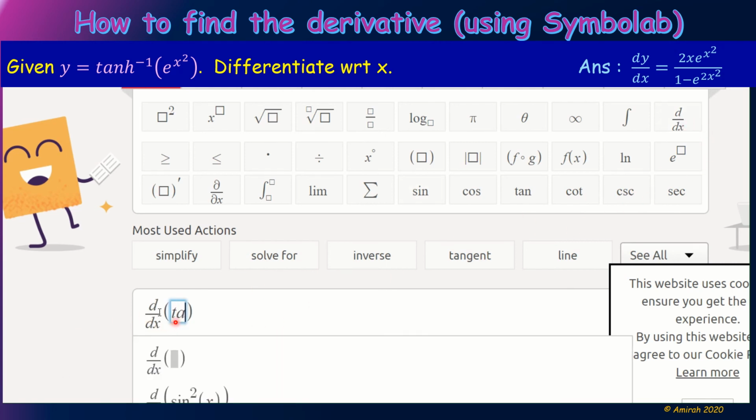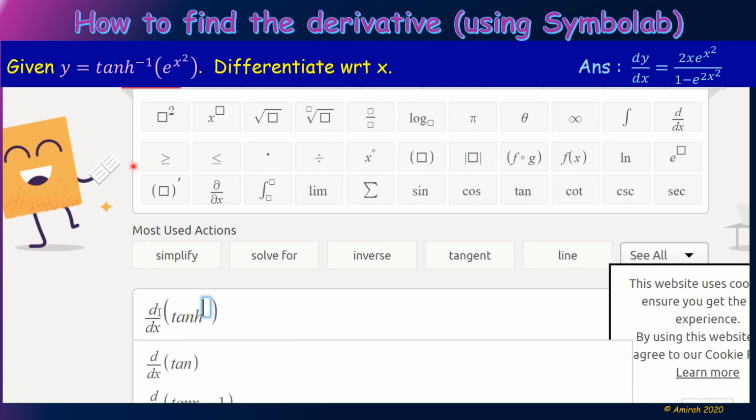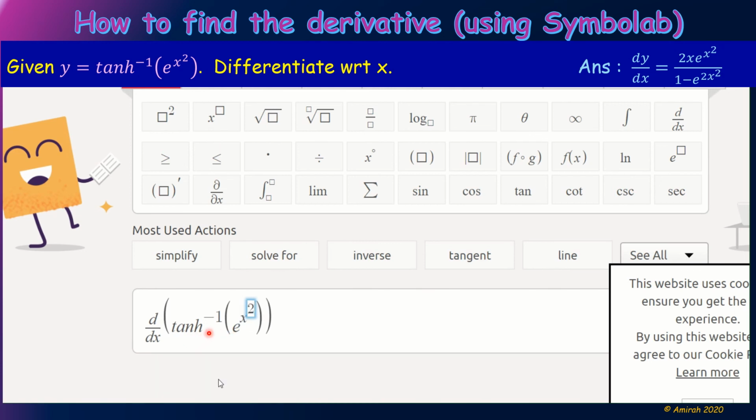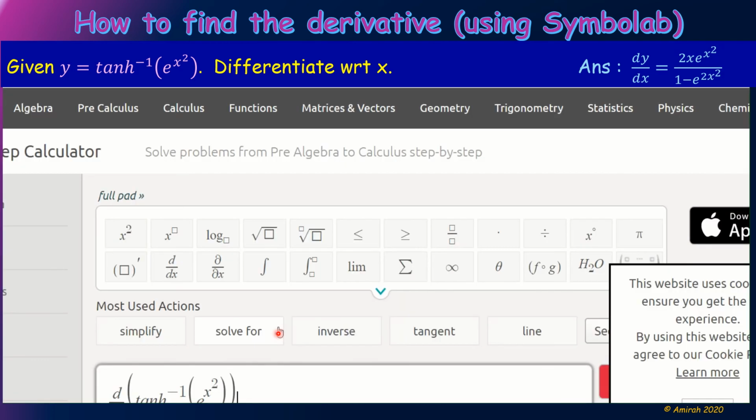And then we type inverse tan e to the power of x squared, from the given question. It looks like the power of -1, but it means inverse here. After that, we press enter.